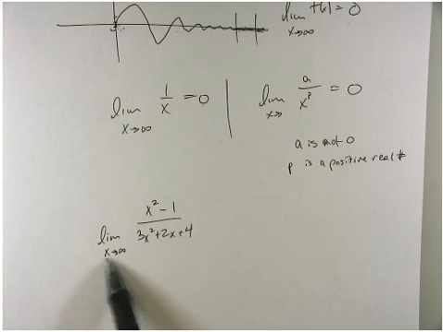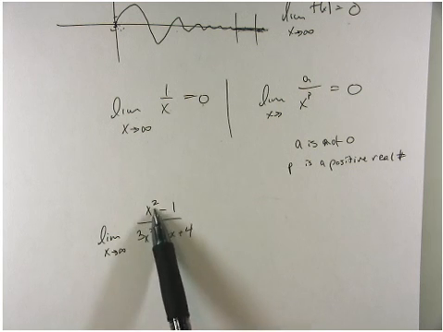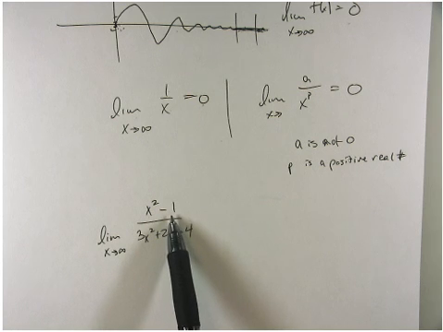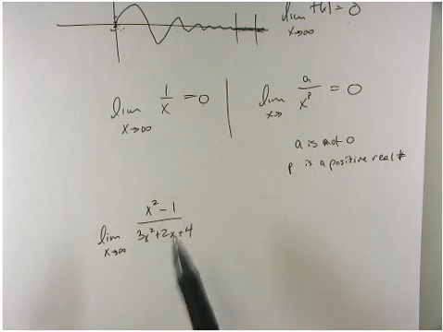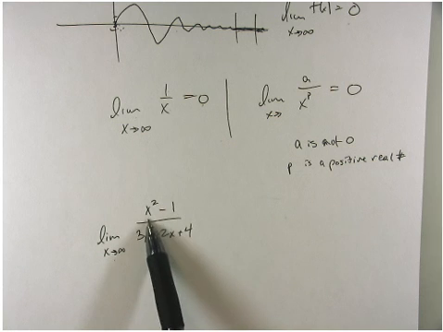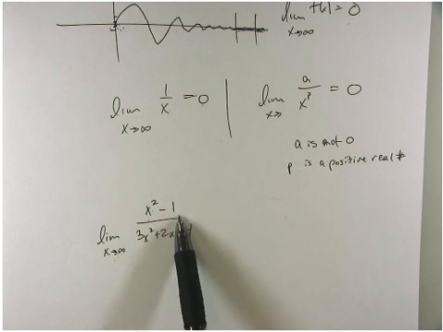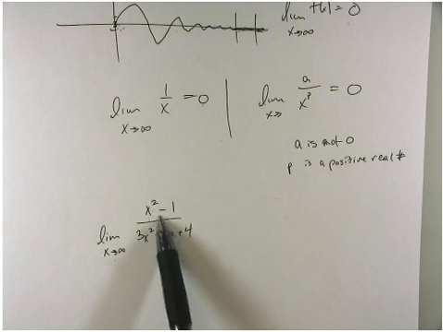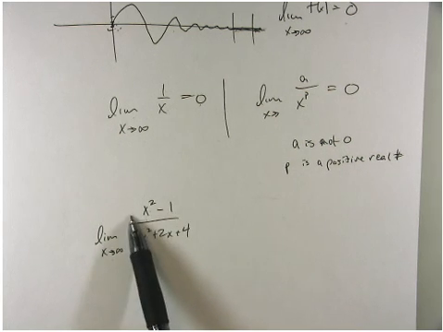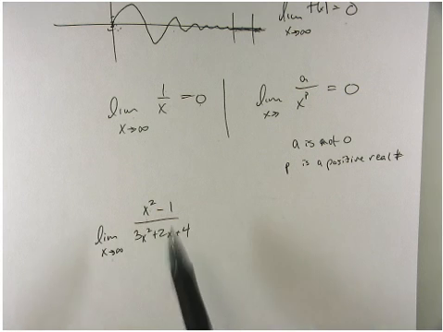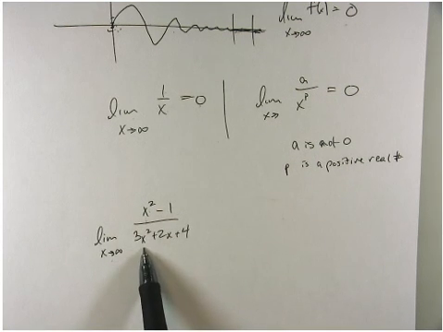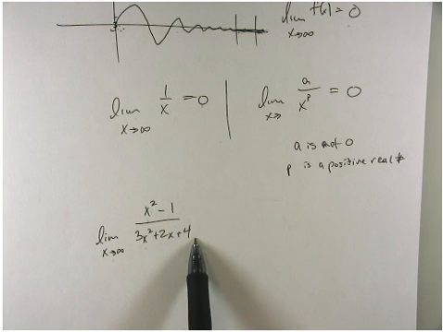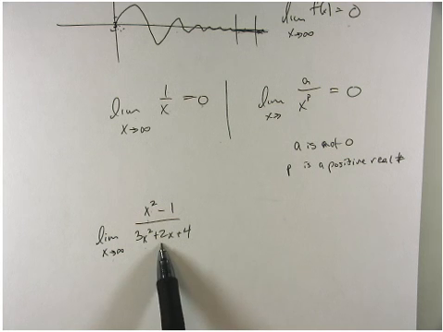I'm taking a number that's getting infinitely large, and then I'm squaring it and subtracting 1. So I have Bill Gates' net worth, I squared it, and then I subtracted 1. It had $1 to give, right? That's still a lot of whatever. And down here, I took 3x squared, I added twice that number, and then I added 4. This is also getting really, really big.